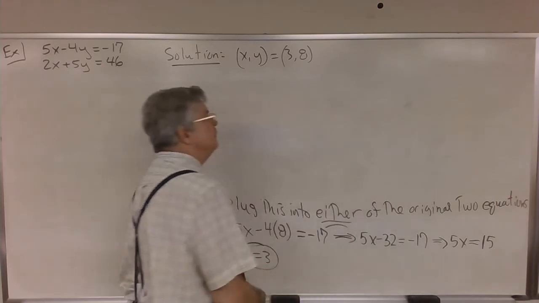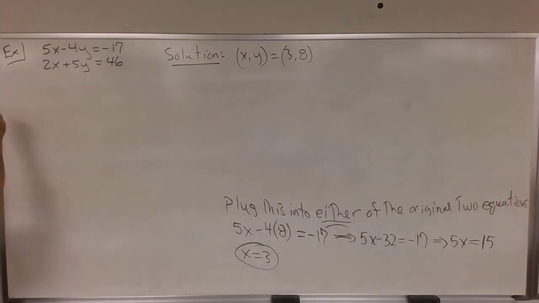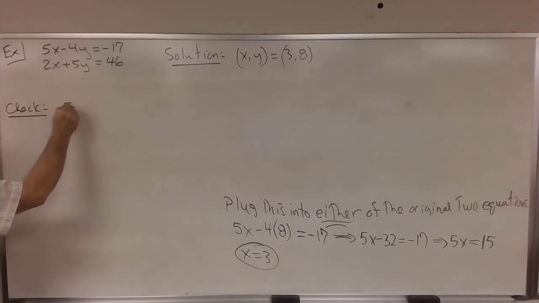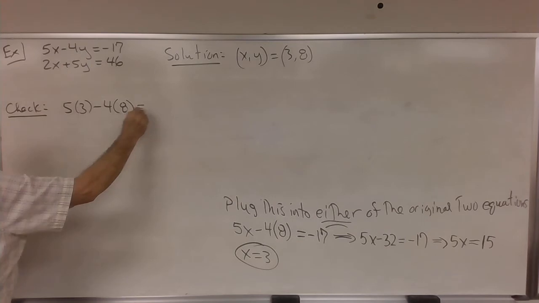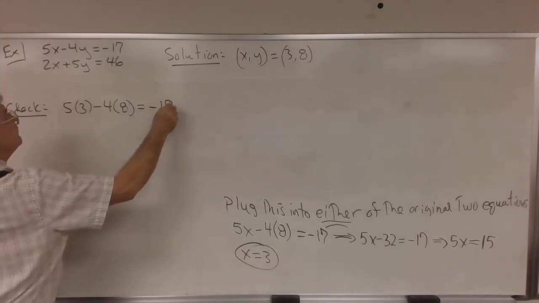And are we going to assume that this is right? No, we need to check. Plug it into the first equation, 5x minus 4y. So 15 minus 32 is negative 17, check.